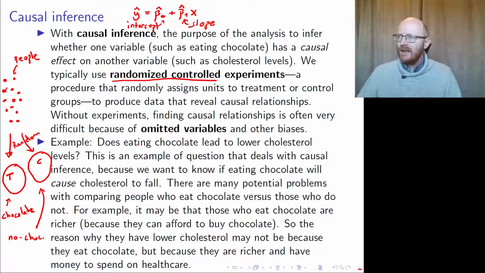Okay, and that's how you can draw out causal inference, because then you could have one variable which differs between the groups, and you can look at the change between the groups of eating chocolate and not eating chocolate on the y variable, which in this example is the cholesterol level. Okay, so that's a tiny introduction.